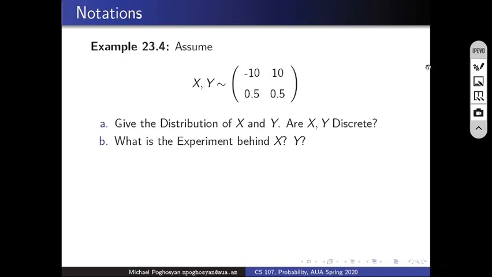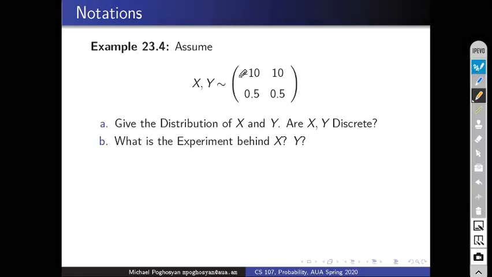One example: x and y are distributed like this. I'm giving the PMF, in fact, so give the distribution of x and y and check if x and y are discrete or not.